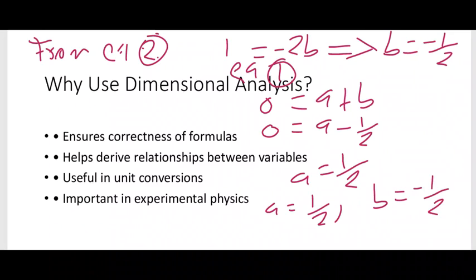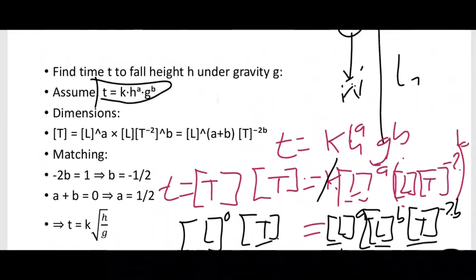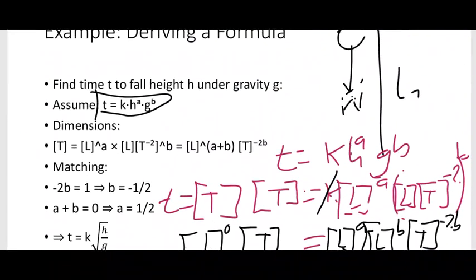Now we get these values and substitute them, because we are deriving the formula from the constants that we have there. So how do you do that? You use those values for t, so just substitute them: h is to the power 1 over 2, and g is to the power negative 1 over 2.